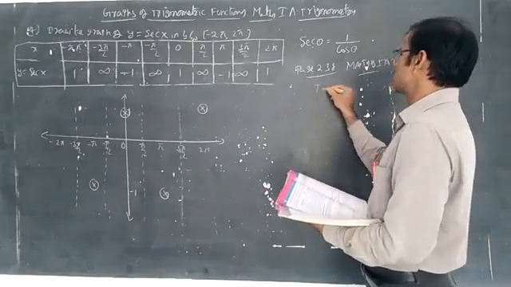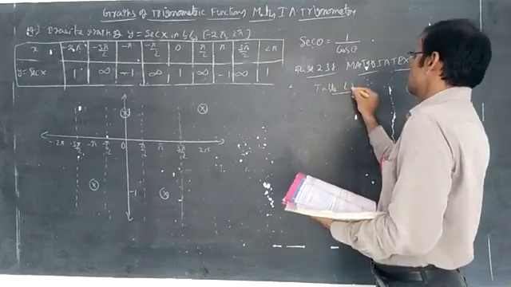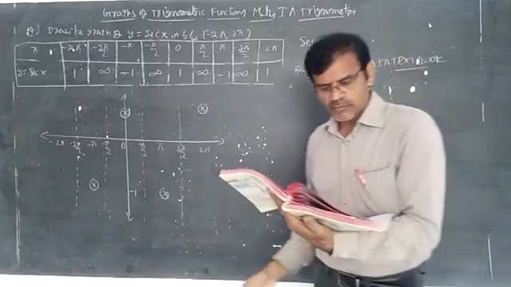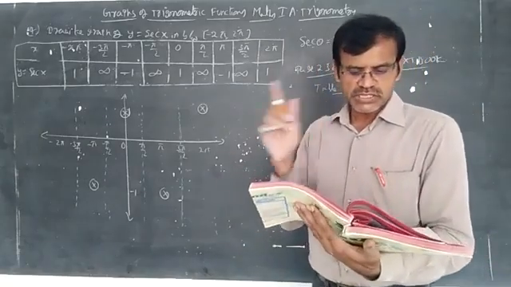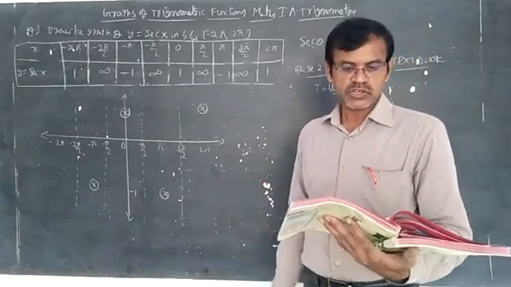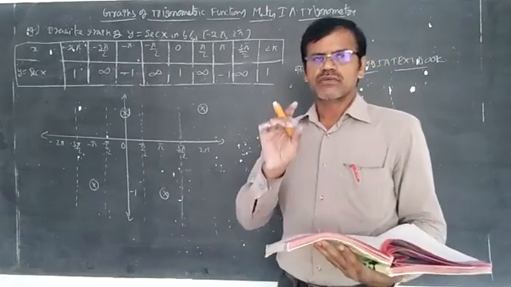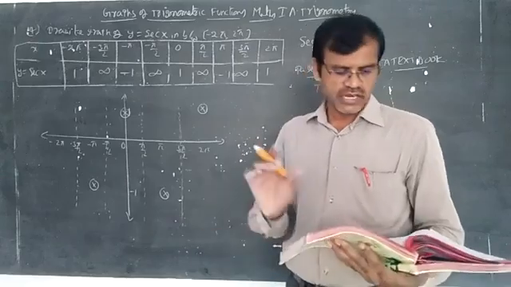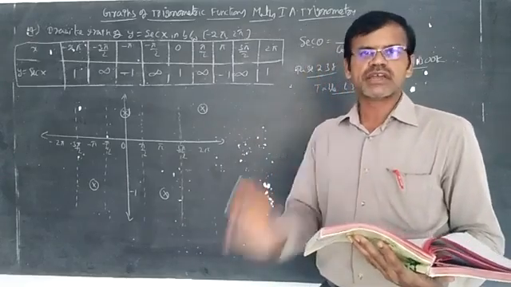Table 6.3, you see. It indicates, depending upon the graph, that the range is minus infinity comma minus 1 union 1 comma infinity. Wherever you calculate the secant values, you cannot get a value between minus 1 and 1.